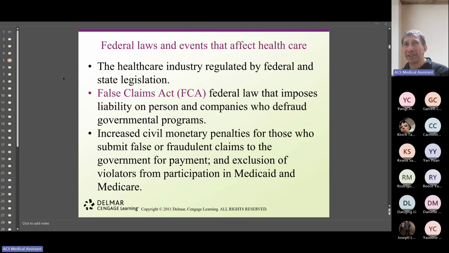So what happens if you get caught defrauding the government? As a medical provider, you lose your license. As a hospital, you no longer can receive patients from these organizations, these insurance companies. And if you don't have these clients, you're going to go bankrupt.